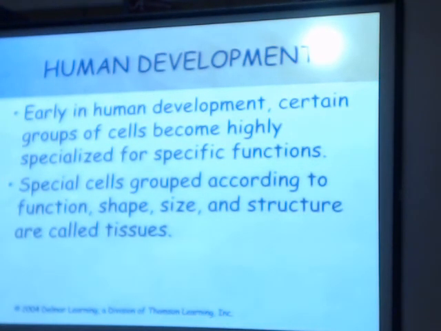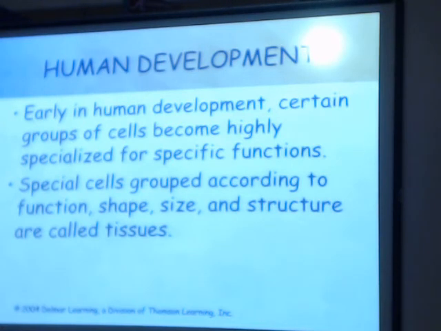Human development. In early human development, certain groups of cells become highly specialized for specific functions. So when you are an embryo, you are a clump of unspecialized cells. And then they start to continually reproduce, and then they become a heart, and they become lungs, and they become other organs in the body. They become a brain, they become a nervous system, they become a circulatory system.